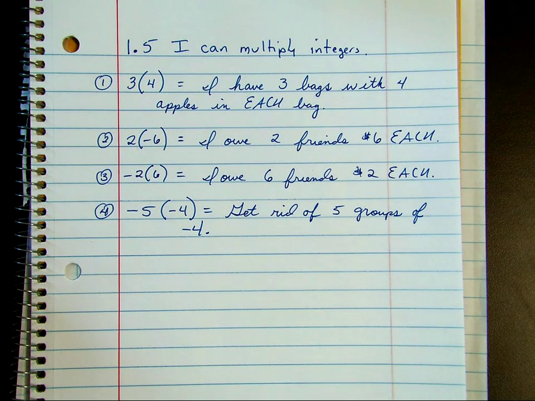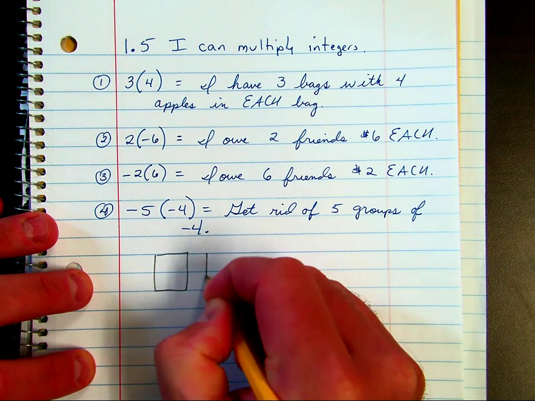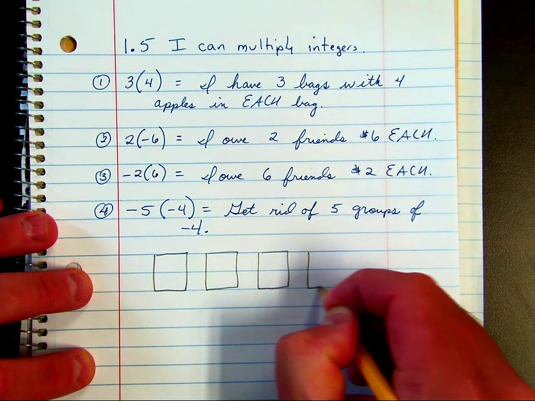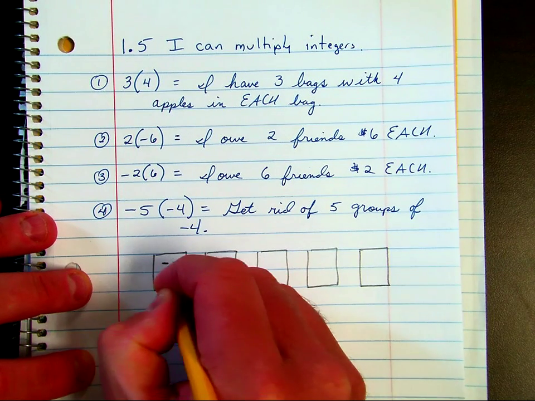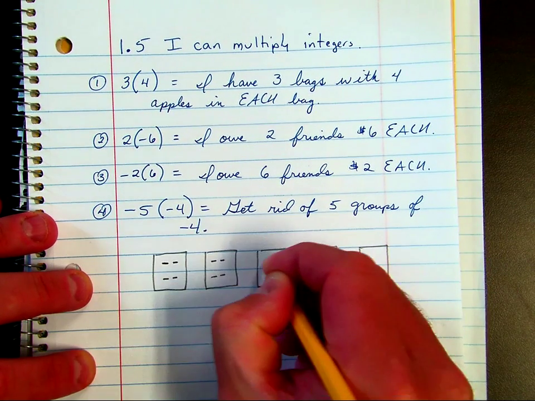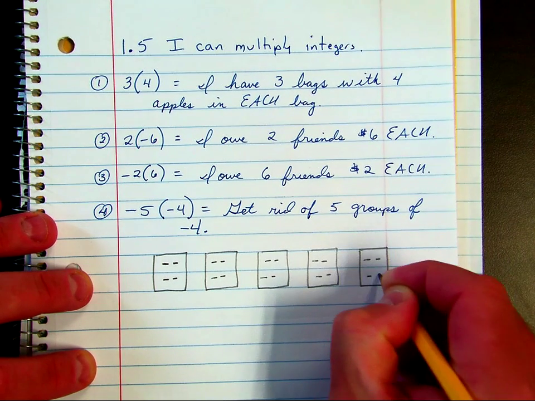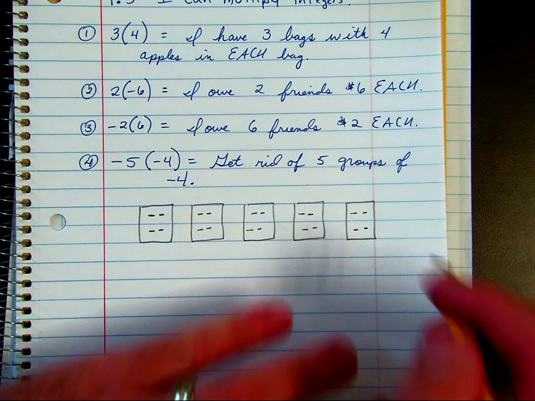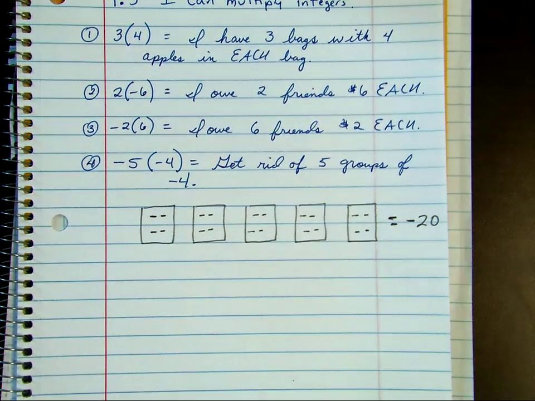We're getting rid of 5 groups of -4. 1, 2, 3, 4, 5. So there's my 5 groups of -4, which has a value of -20.